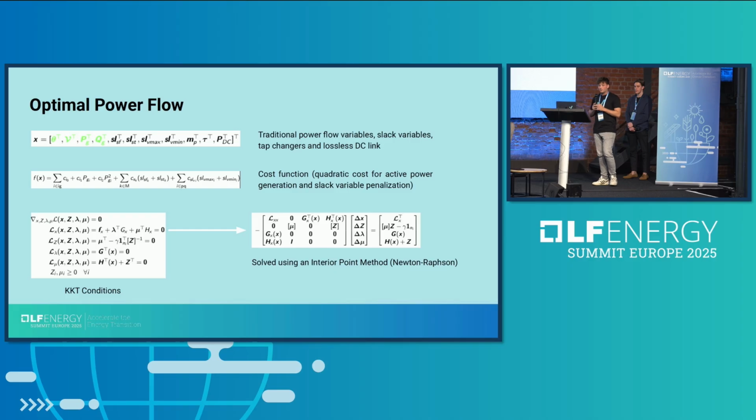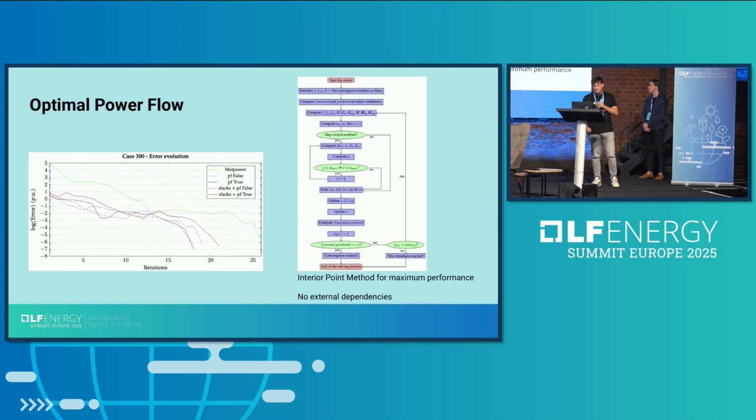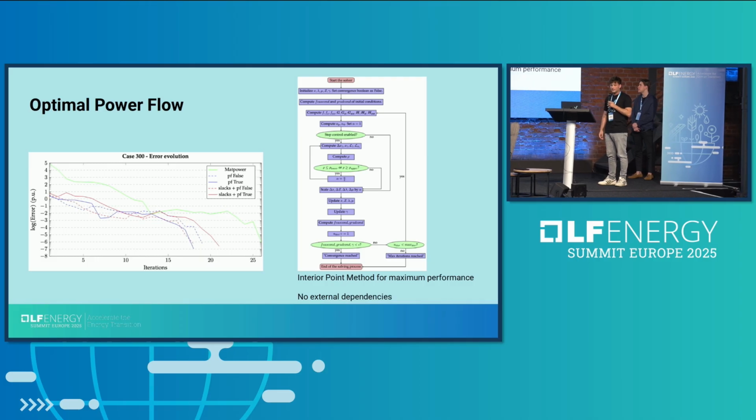This is an optimization problem, so what we have to do is solve the KKT conditions, for those who are interested in the mathematics. And to solve this system, we need an interior point method solver, which uses the Newton-Raphson formulation. In our case, we implemented our own implementation of the solver, so we can add some tweaks to it. And here you can see an example of a case with 300 buses.